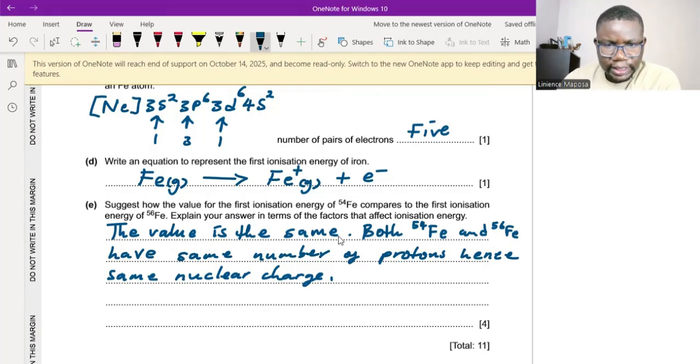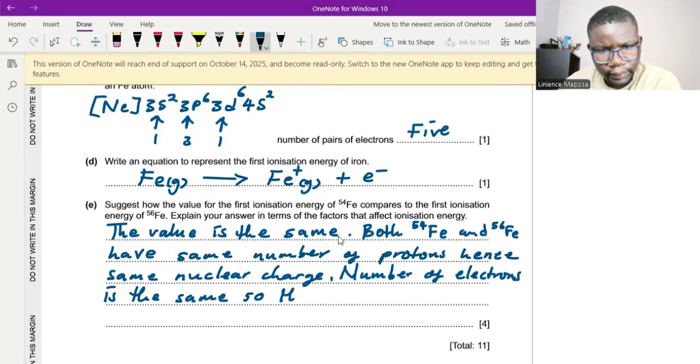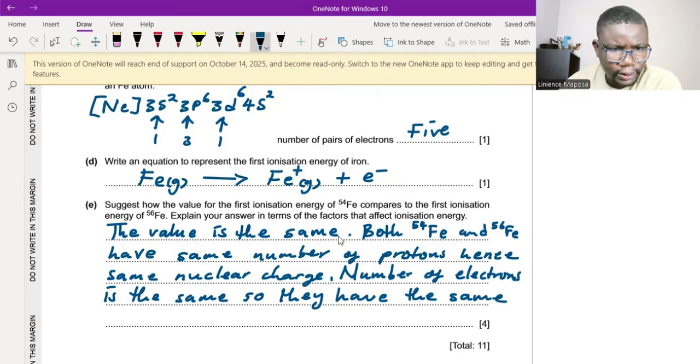The number of electrons is the same, therefore they have the same electron configuration.